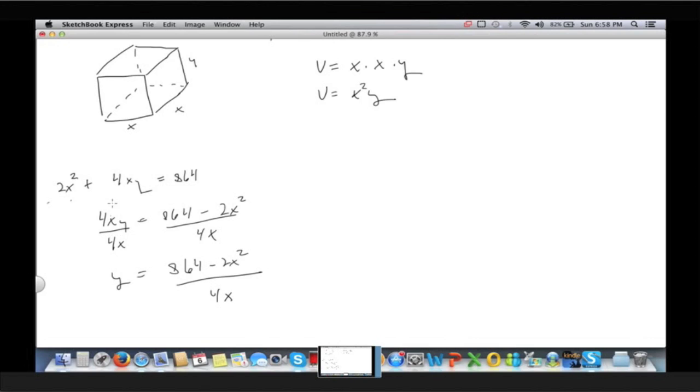That's one way. Is there an easier way? If we move this over, 864 minus 4xy.